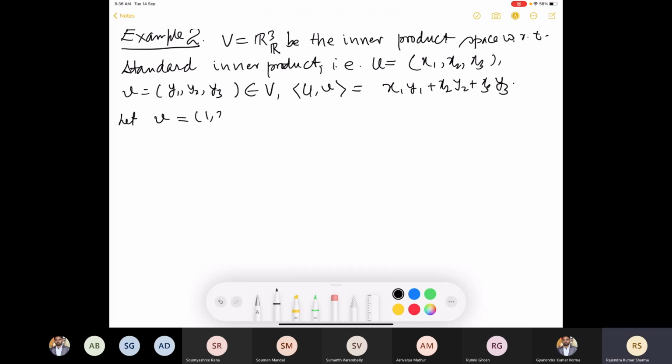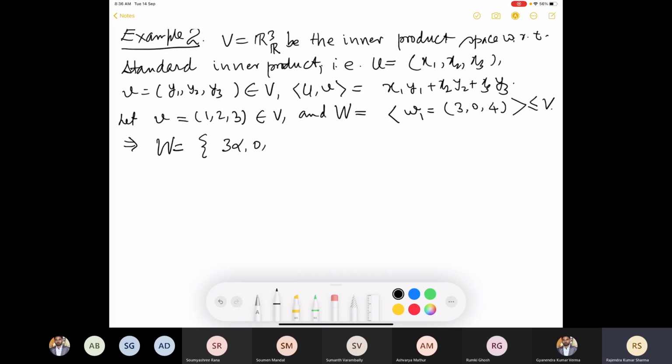Let us take this as simply 1, 2, 3, in V. And W, let us take the subspace spanned by W1, where W1, let us take this as 3, 0, 4. So the elements of W are of the form 3 alpha, 0, 4 beta, where alpha and beta are real numbers.